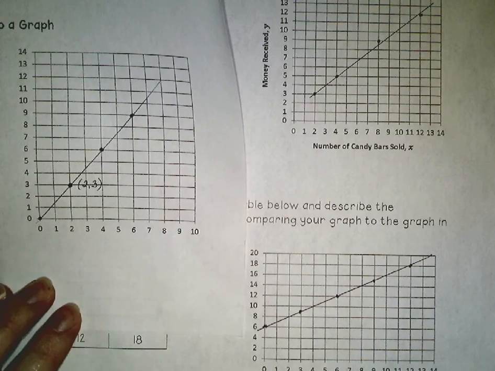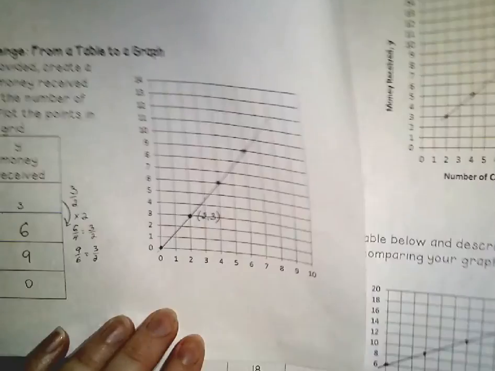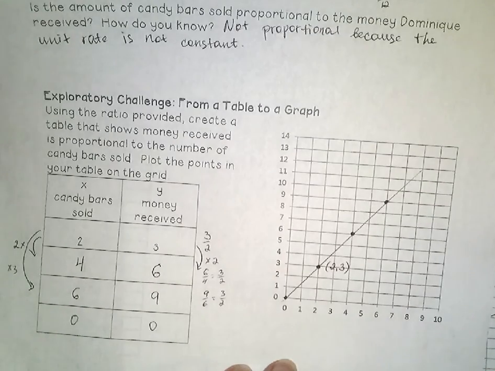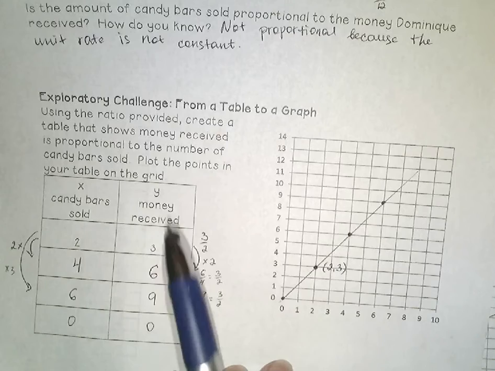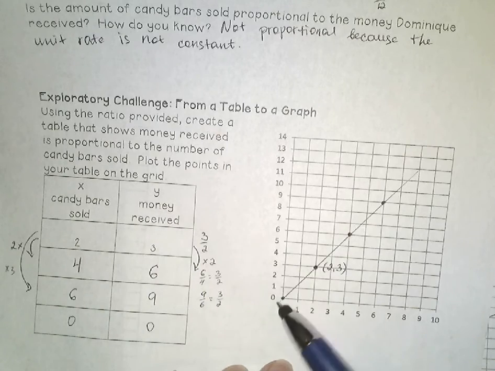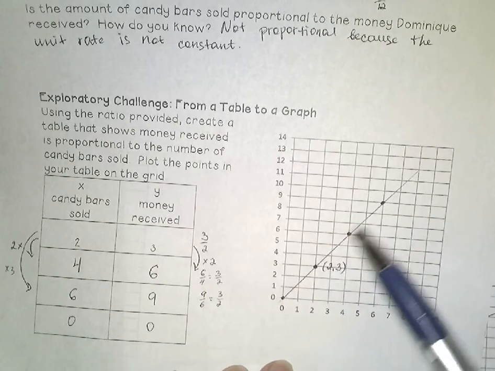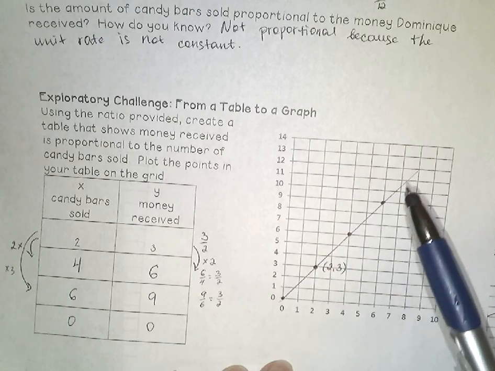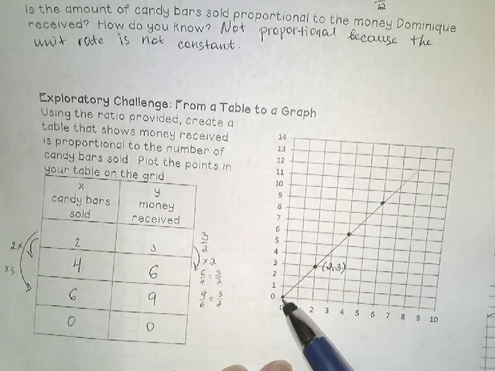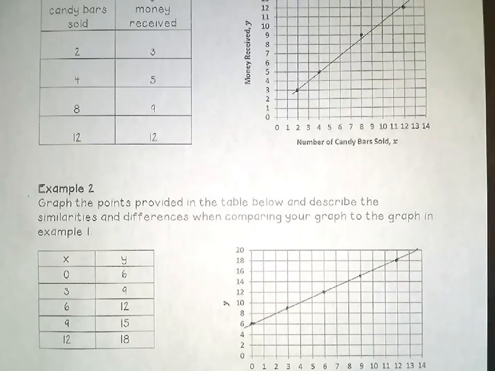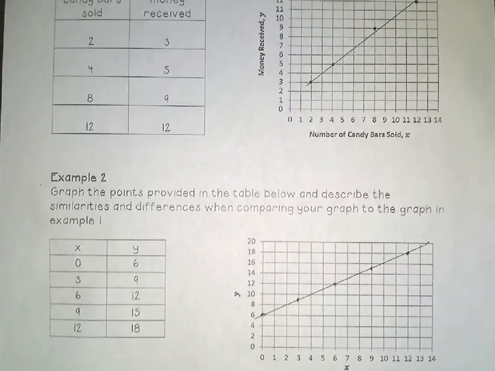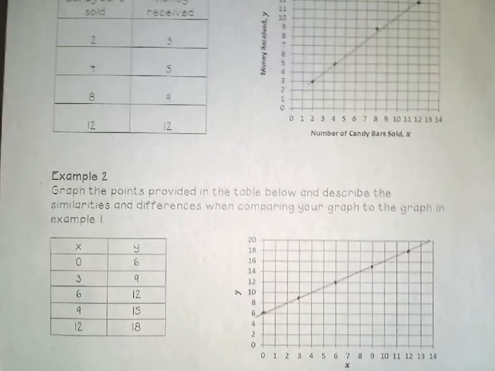And we know that this is a proportional relationship because we were expected to make a proportional table, right? So the proportional table makes a line on the graph, and it starts from the origin. If it doesn't make a line or it does not start from the origin, it is not a proportional relationship.